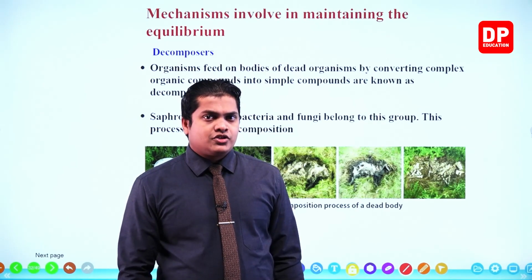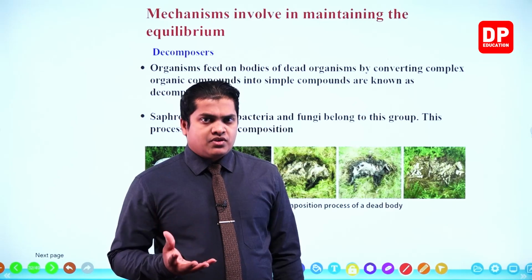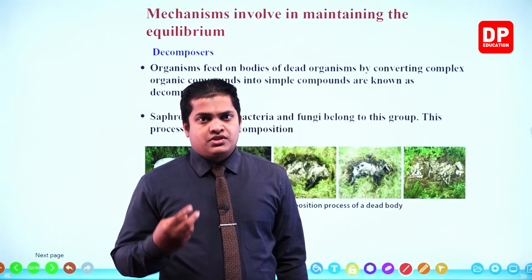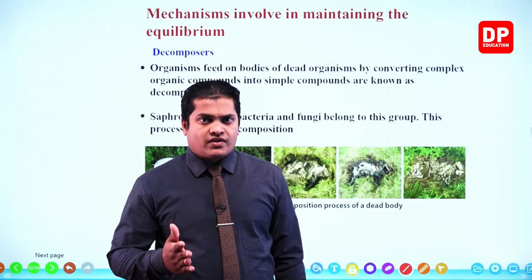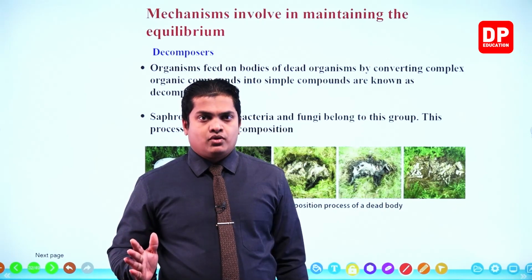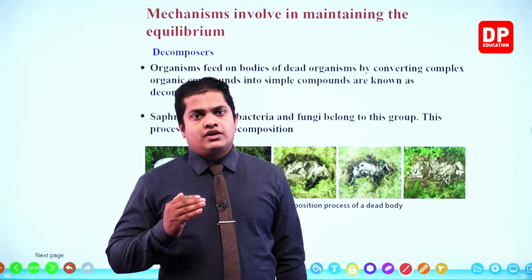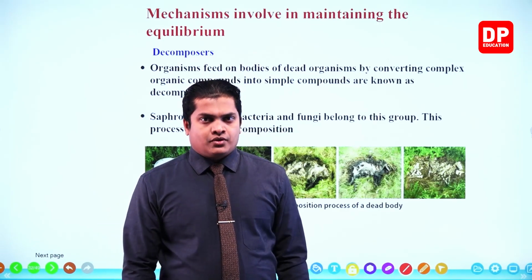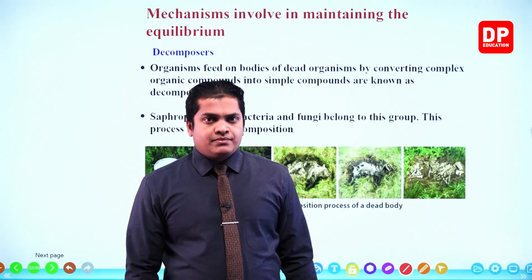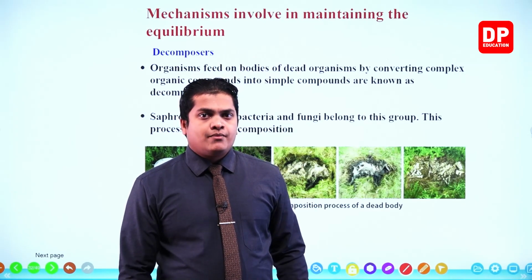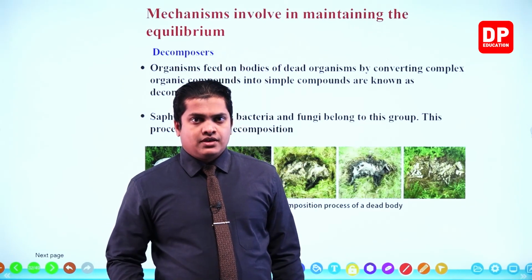Then we discussed, my dear children, the types of organisms according to their mode of nutrition. We divided organisms into three main categories: autotrophic organisms, heterotrophic organisms, and decomposers. Autotrophic organisms are the organisms that can produce their own food. There are two types under autotrophism: chemoautotrophs and photoautotrophs.